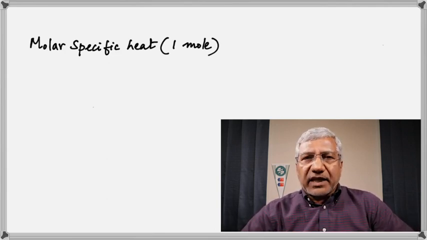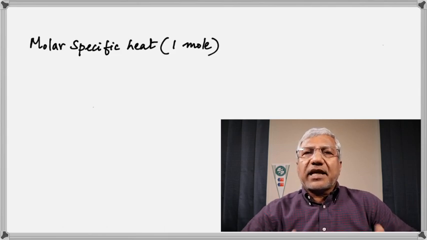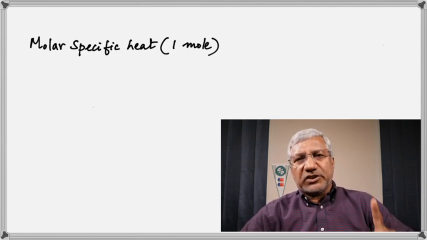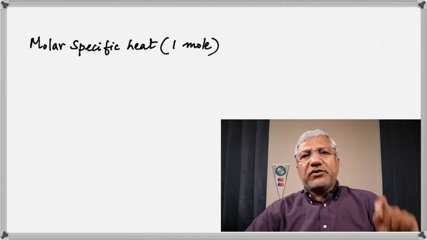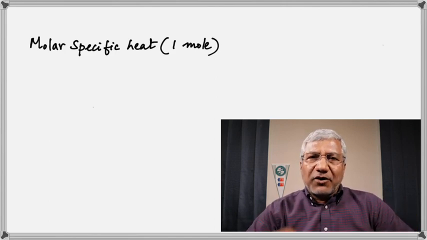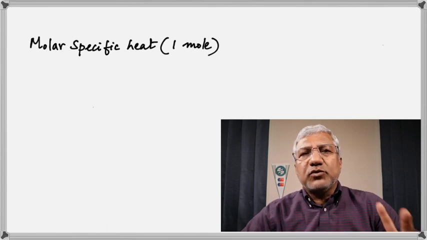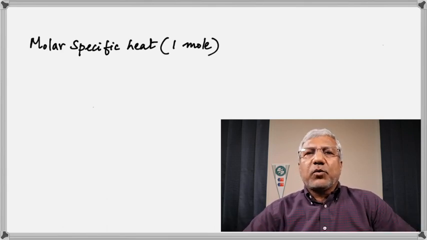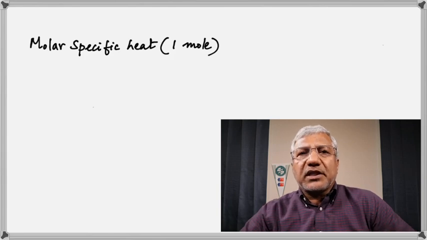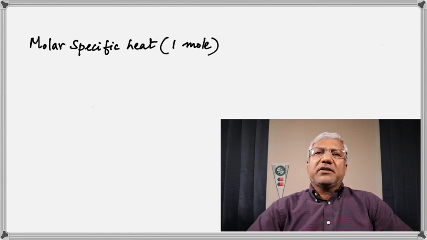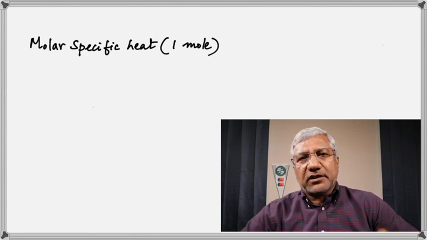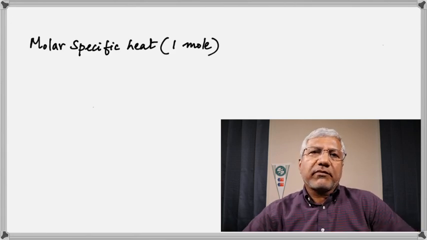But when it comes to gases, since gases can be heated under two conditions, either keeping their pressure constant or their volume constant, gases have two specific heats. One is called the specific heat at constant pressure, the other is the specific heat at constant volume.